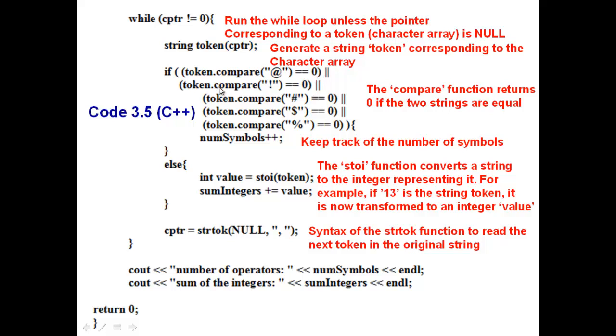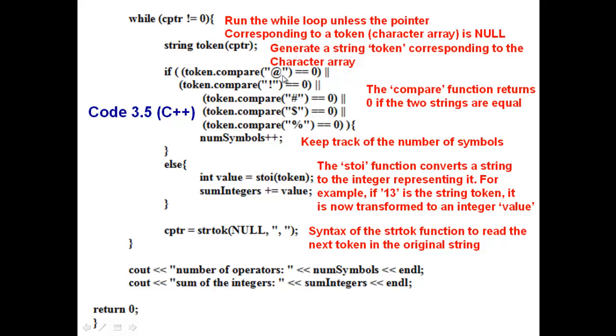If you go through the details of this compare function on that C++ reference website, which I showed you some time back, it will tell you that if the return value is greater than 0, I think the first string is lexicographically, according to the dictionary ordering, greater than this one.